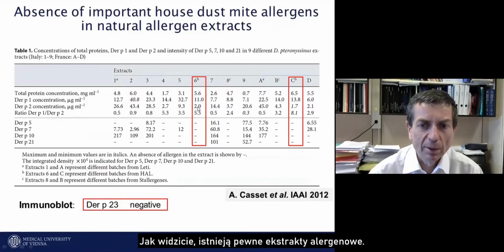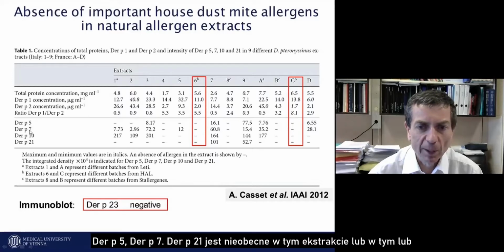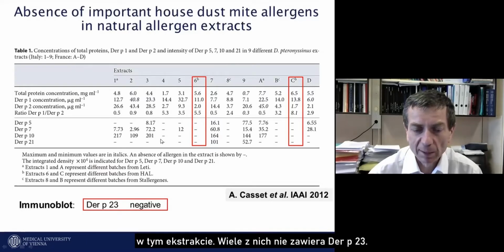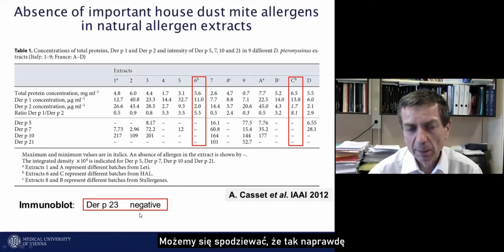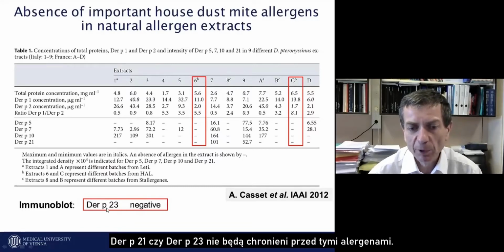You can see there are certain allergen extracts, house dust mite extracts, that do not contain certain allergens, like for example, Der p 5, Der p 7, Der p 21 are absent from this extract or from this one, or from this extract, and many of them are negative for Der p 23. Now what we can expect is that people who are treated with such allergen extracts lacking Der p 5 or Der p 7 or Der p 21 or Der p 23 will not be protected against these allergens.